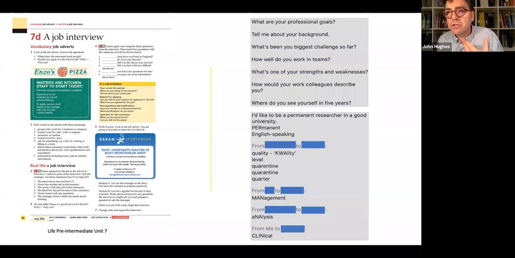So as a teacher, I was able to record the correct pronunciation of these words, and I sent them the recording of me saying the words so that at home they could listen to the Zoom recording, listen to me saying the words, and then they would repeat them. So I was personalizing the pronunciation practice. I couldn't do that in a face-to-face class, not easily. I could record it with my phone, but not as easily as with Zoom.